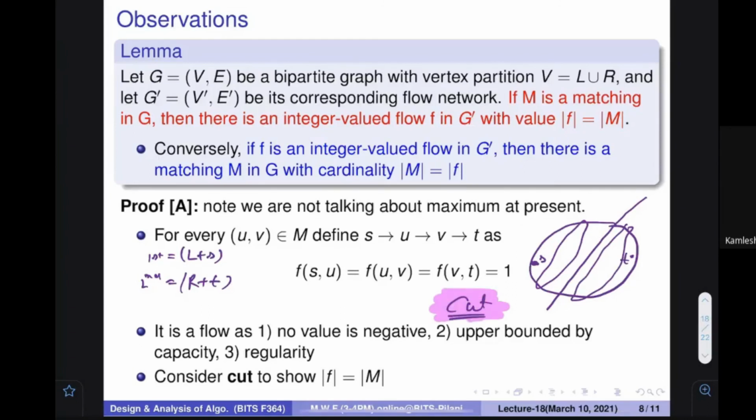Because on one side there is S, and on the other side there is T.